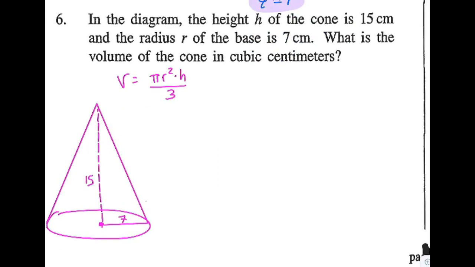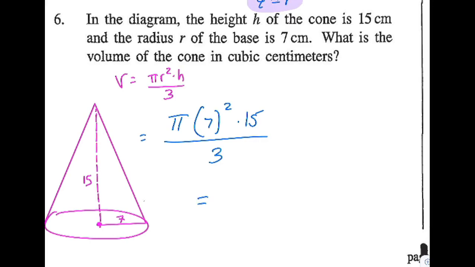This one is another cone, but you had to draw it yourself. So I drew the cone. I had the height shown as 15. The radius is 7. So that looks like that once you plug in the 7 and the 15 in the appropriate places.